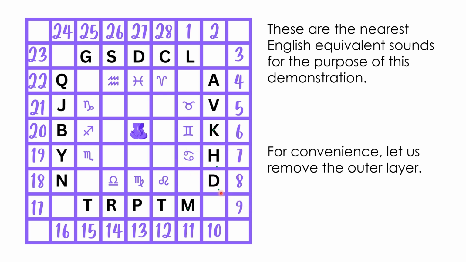And D, this D, and the D on the top is different, because this one next to Pushya Nakshatra number 8 is like D for dog, and the one on top is more like the 'th' in 'they'. Then you have M and T. There's a T here as well and here as well.